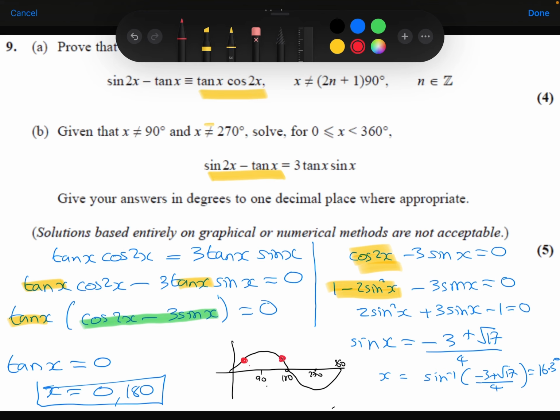There'll be another solution there. So if this is 16.3, then this is going to be 16.3. So to get my answer, I need to do 180, take away 16.3, which is 163.7. And therefore, these are all of my 4 answers to this equation.